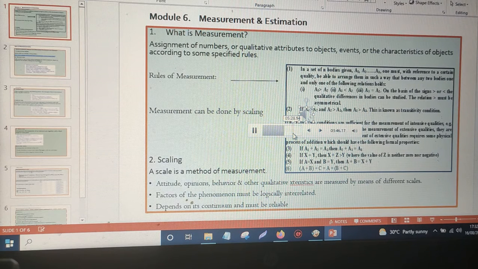Now we go to extensive, which is largely quantitative. For extensive, you can say A1 plus A2 is equal to A3. So assuming that A1 is 15, A2 is 12, then A1 plus A2 is equal to A3.